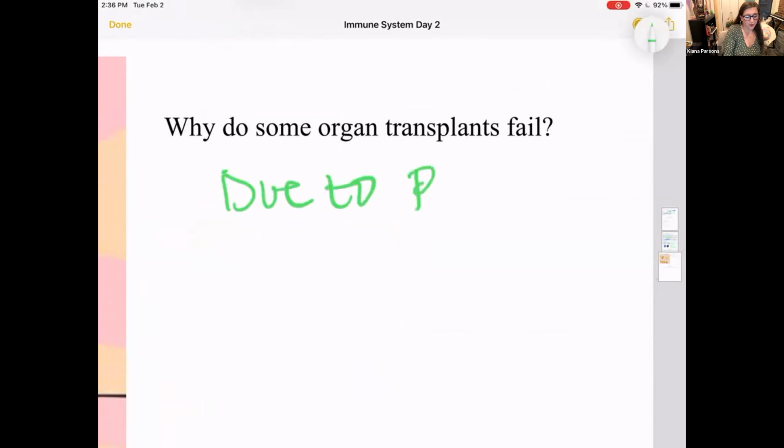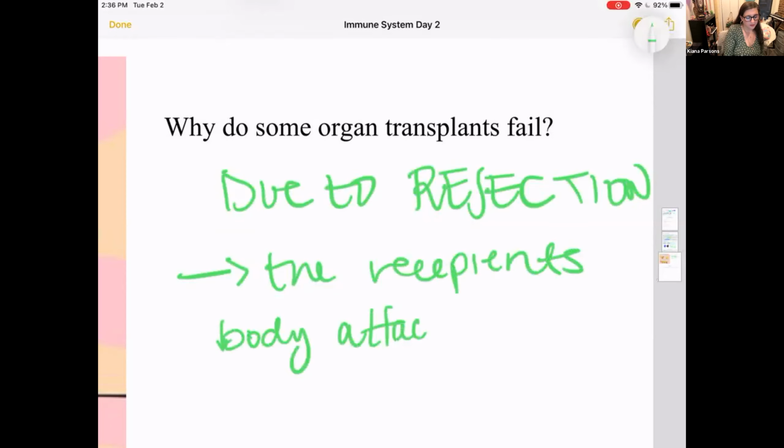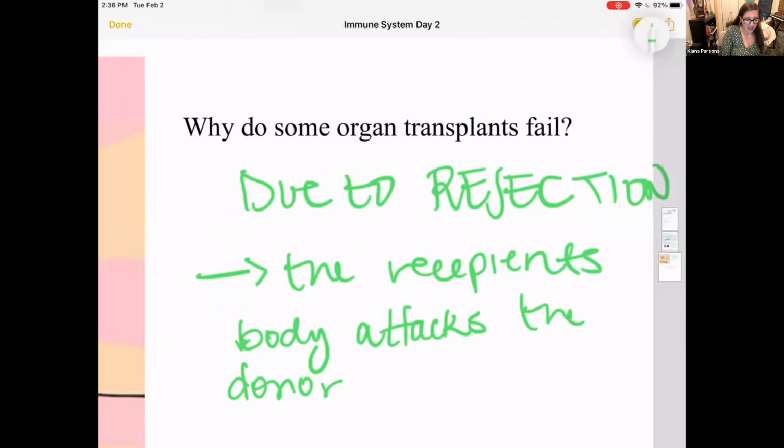Due to rejection. The recipient's body, specifically their immune system, attacks the donor organ as if it were a pathogen.